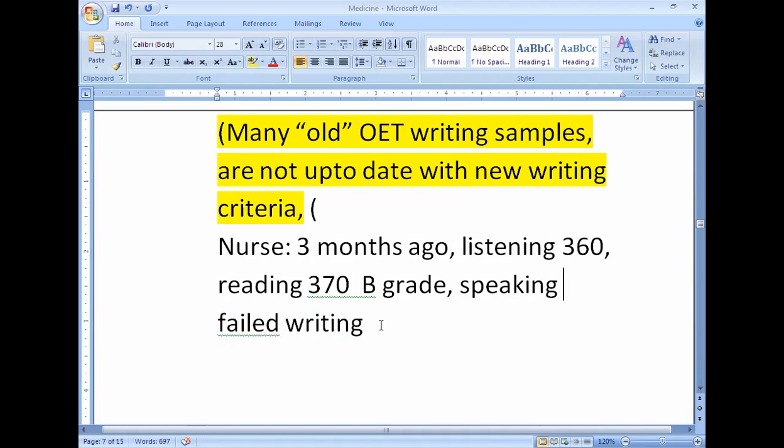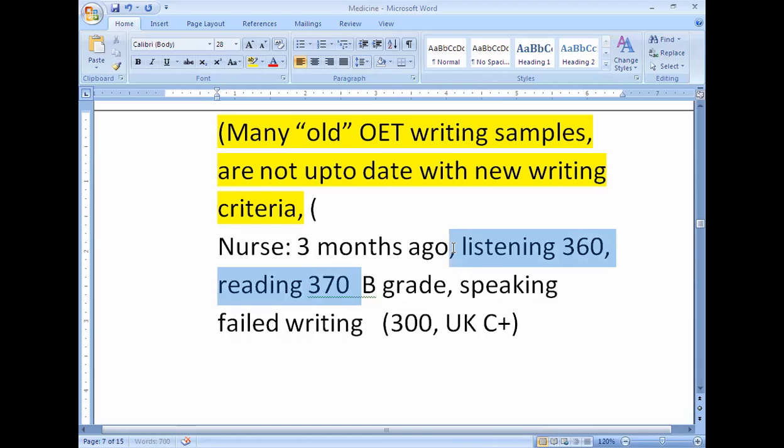So after a lot of discussion, in a new attempt she was able to get 300 in writing, which was her required score for UK, C plus. Okay, you know what happened with her? This time she failed both listening and reading.